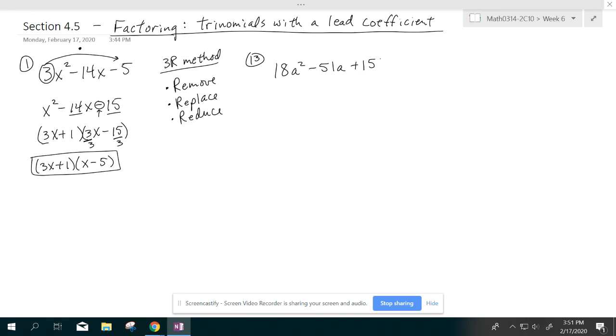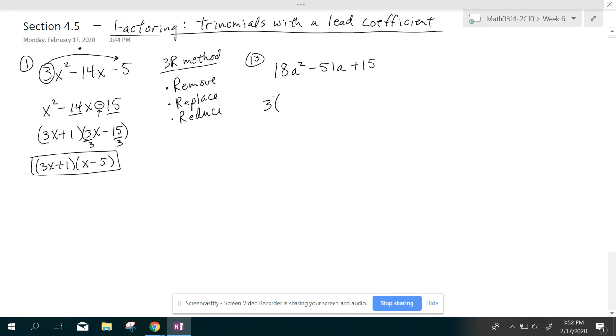And do they all 3 have something in common that I can factor out? What do they all 3 have in common? A 3. Did y'all notice that 18, 51, and 15, all 3 divide by 3? And so we need to factor out that 3 at the beginning.